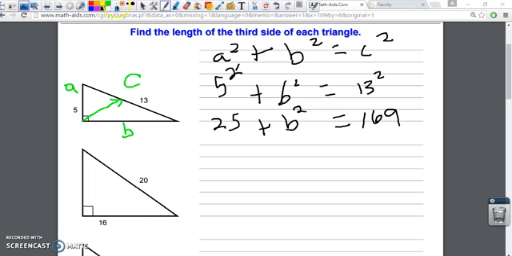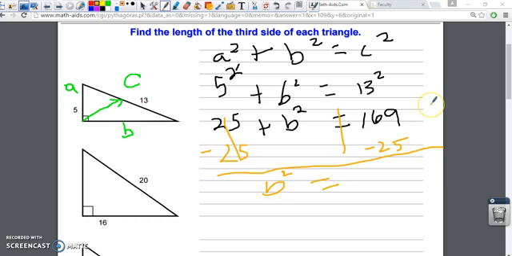Okay? Now, just like we did for when leg A was missing, we do the same thing. We get B by itself by taking out the other number, by doing the opposite of what we see. If that's a positive 25, we'll subtract 25 from this side. Okay? So what happens is this cancels out, leaving me just B squared.